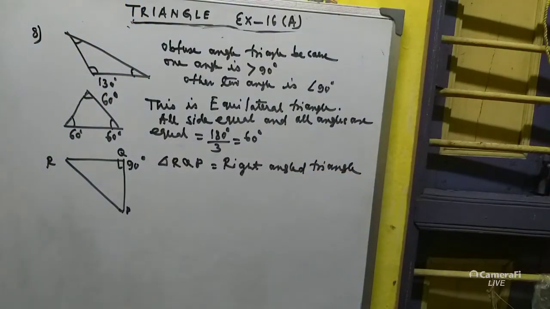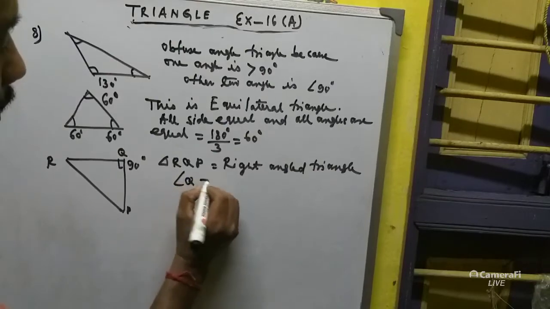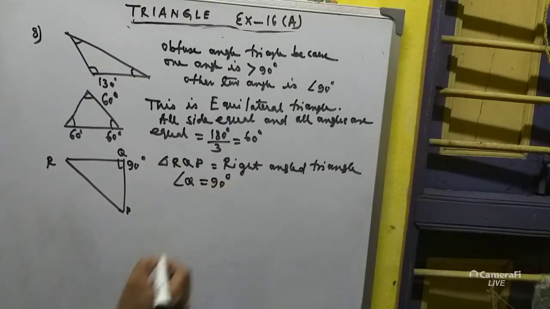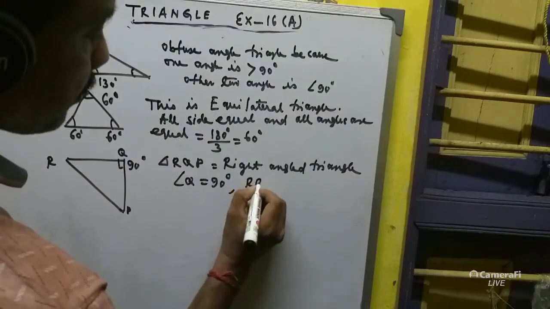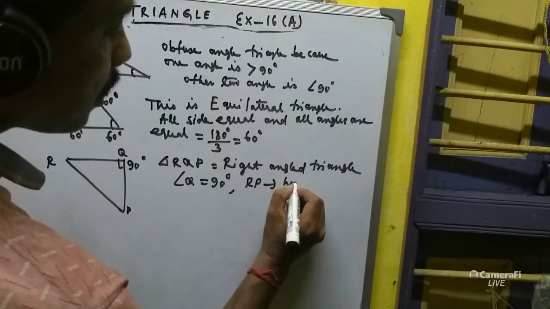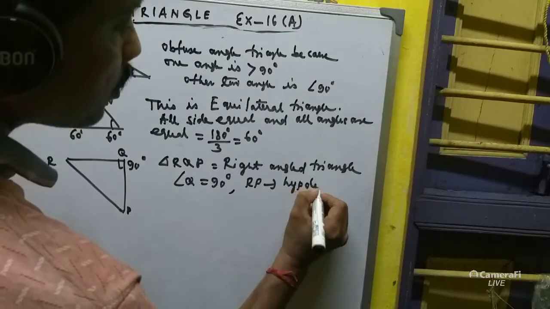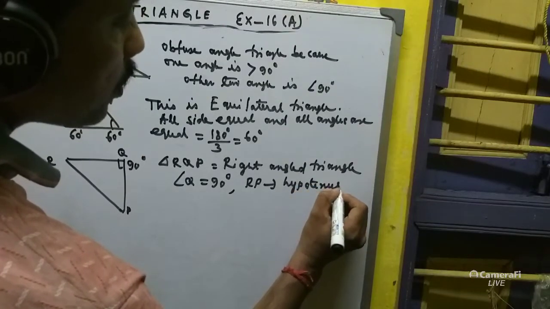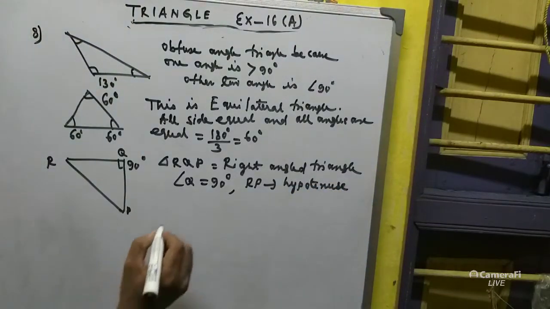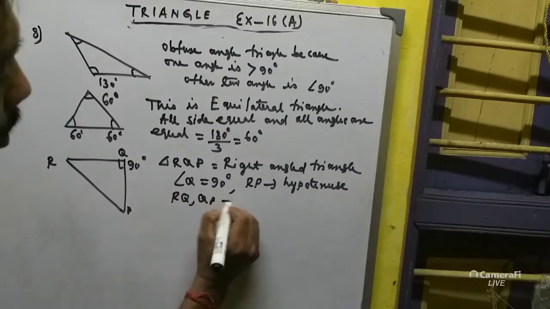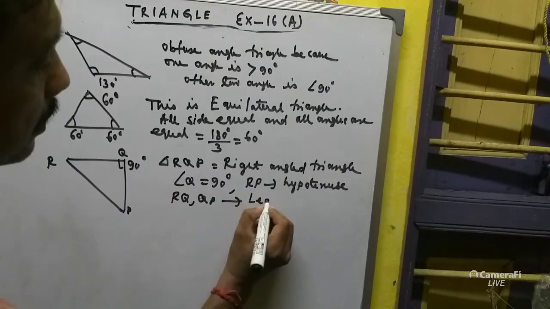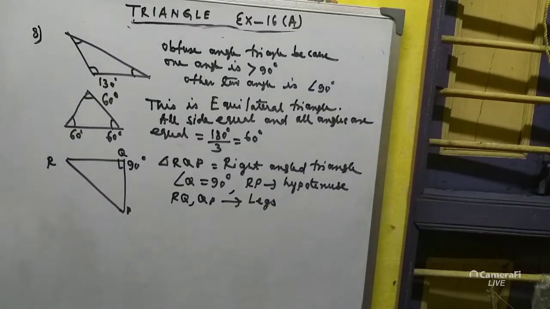What is the property? One angle must be 90 degrees, and RP is called the hypotenuse. RQ and QP are called legs. So these are the properties of a right angle triangle.